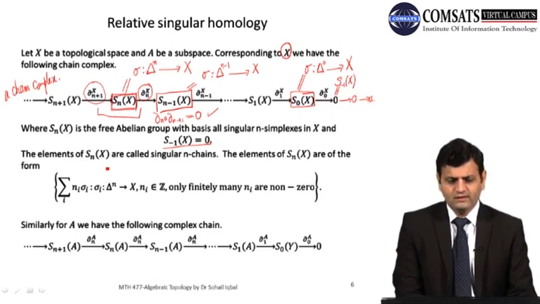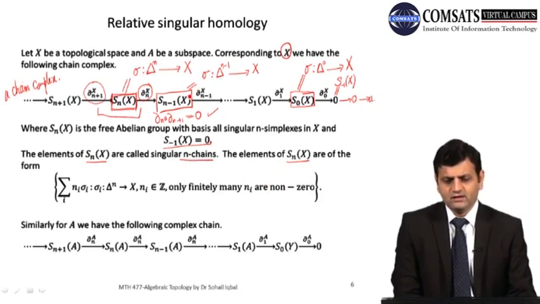So the elements of Sn of X are called n chains, and they are of this form. Now remember that there are many singular n chains.